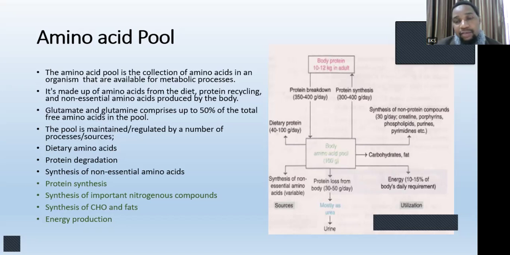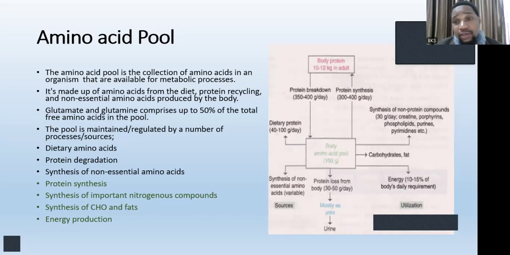Unless they eat food that contains more protein, it is not something that is continuous all the time. In a week, you can eat a food with more protein, but it is not continuous.